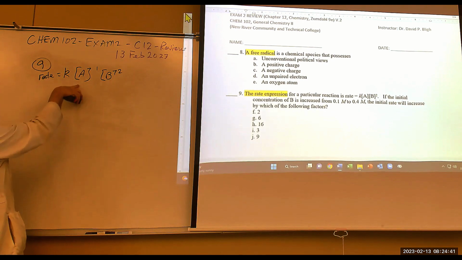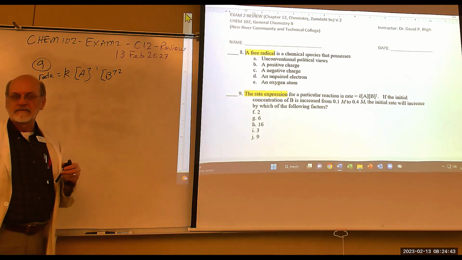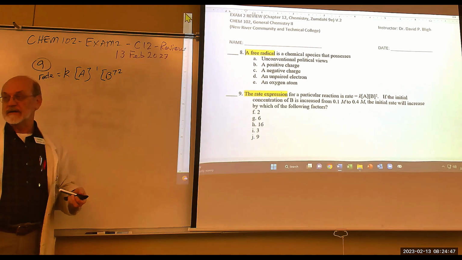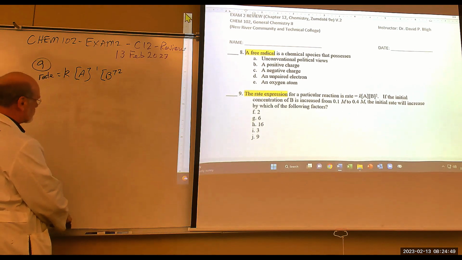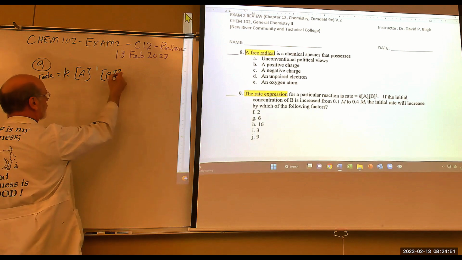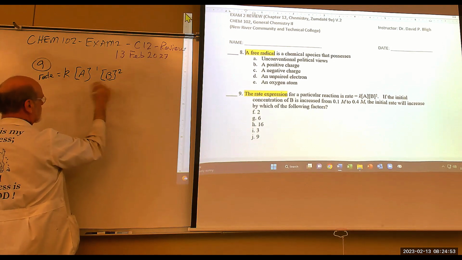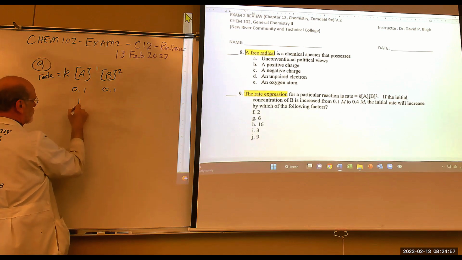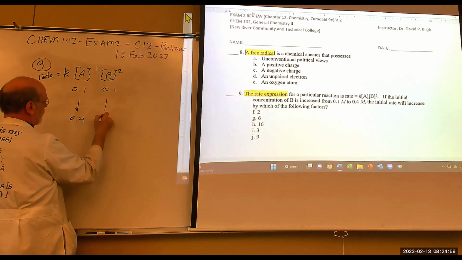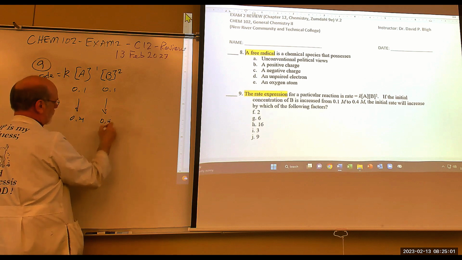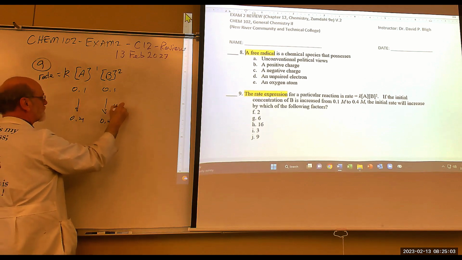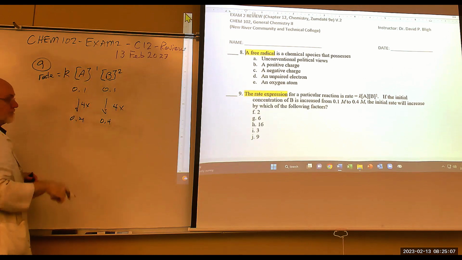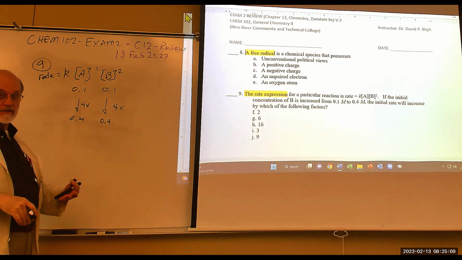So what if we did the same thing for A? It went from 0.1 to 0.4. What would that do to the rate? Let's say both of them go from 0.1 up to 0.4. This is a 4 times increase and this is a 4 times increase in the initial concentrations.